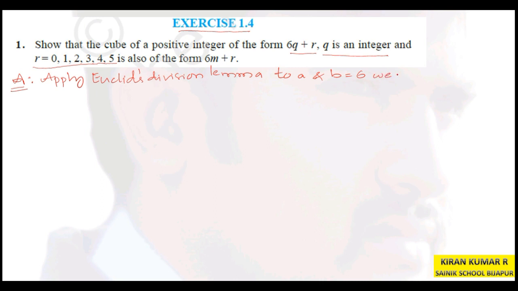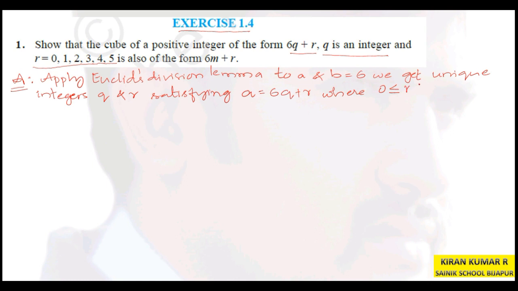We get unique integers q and r satisfying a equal to 6q plus r, where 0 less than or equal to r less than 6.